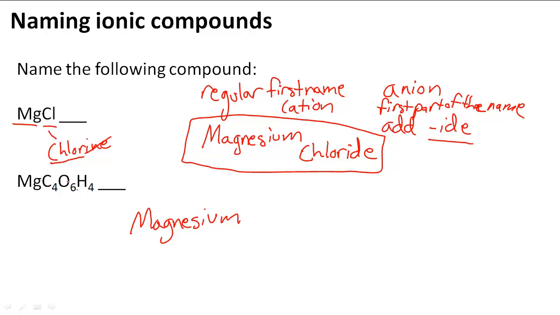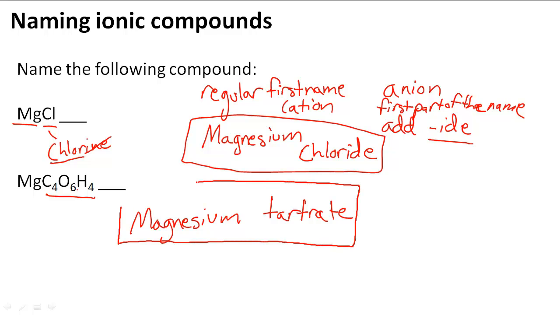C4O6H4 is actually called tartrate. So we just write that name. We don't have to write any extra ending because this already has a special name, tartrate. And so the name of the compound is magnesium tartrate.